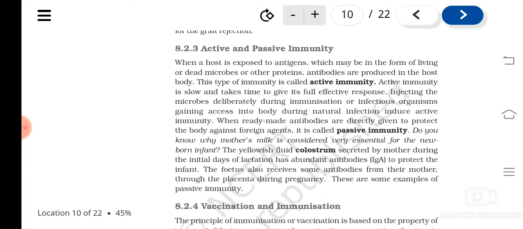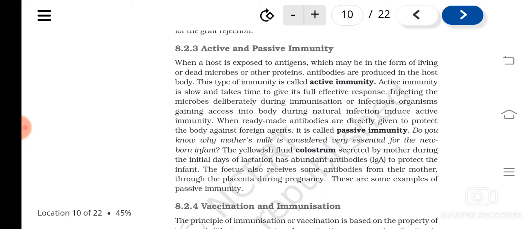Otherwise, by the time the body prepares antibodies, the person might have a big problem. So before that, what we do is use prepared antibodies. Antibodies will be prepared from other persons or organisms.